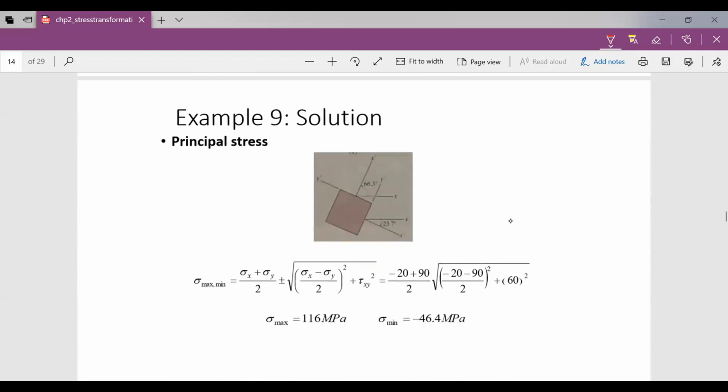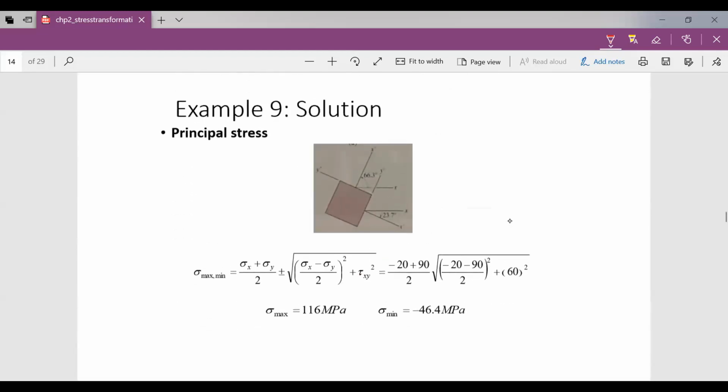Principal stress. First, as usual, by using the formula, we find the sigma max and sigma min. We substitute the values. We get sigma max as 116 megapascal and sigma minimum as negative 46.4 megapascal.